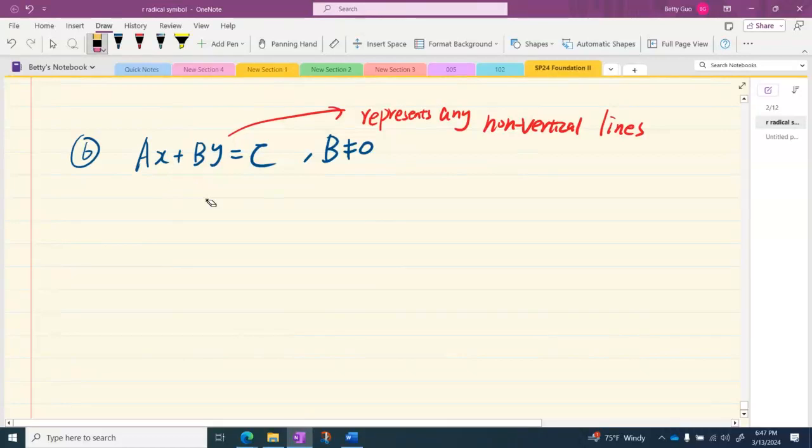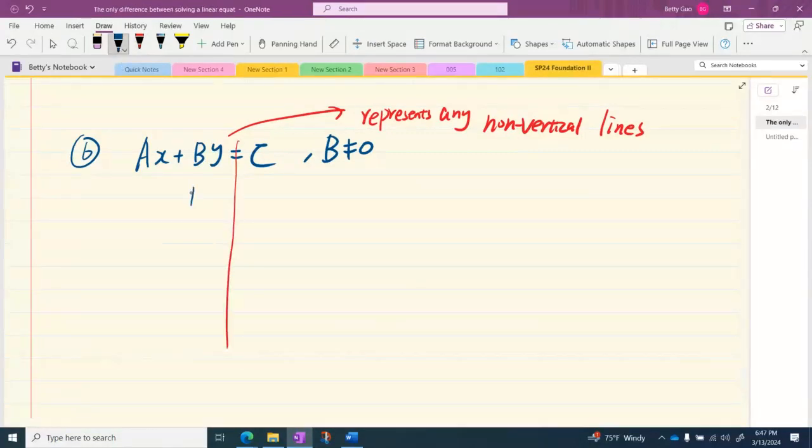Okay. So same thing. Our goal here is to rewrite the equation in the slope-intercept form. So we are going to isolate the y on the left side. Then we're going to move everything else to the right. Move ax over. We have a negative ax, and then plus c, right?